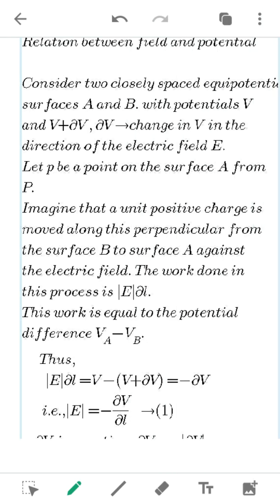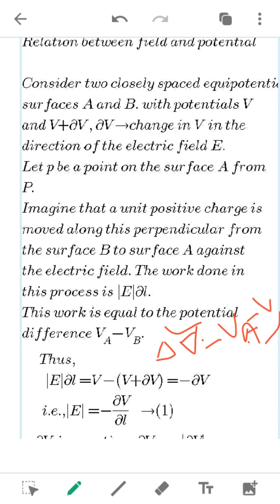Now, as I have discussed all the diagrams, we will come to this point here. What will be the potential difference between these two surfaces? I told you the potential difference is nothing but the difference between the two values, that is VA minus VB.